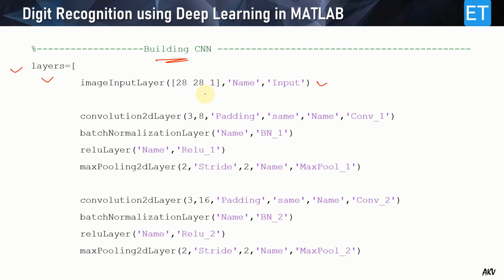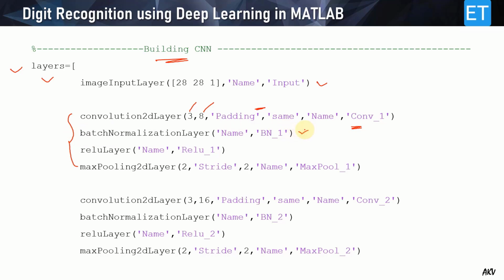It means it will accept a grayscale image of size 28 by 28. Then next is the bunch of layers, which includes the first convolution layer. The 3 means it will have 3 by 3 filters, and the number of neurons, that means number of filters, is 8. Padding is same, and the name of this layer is conv1.